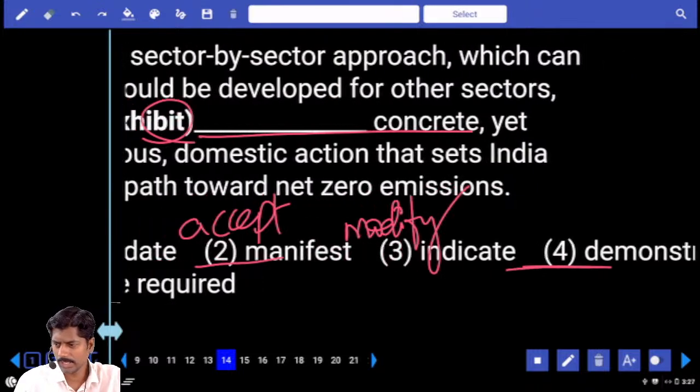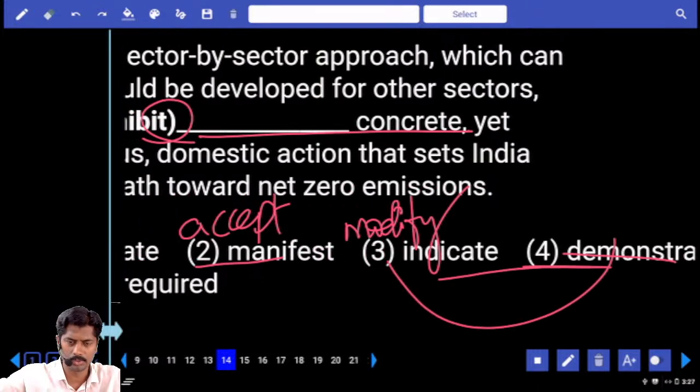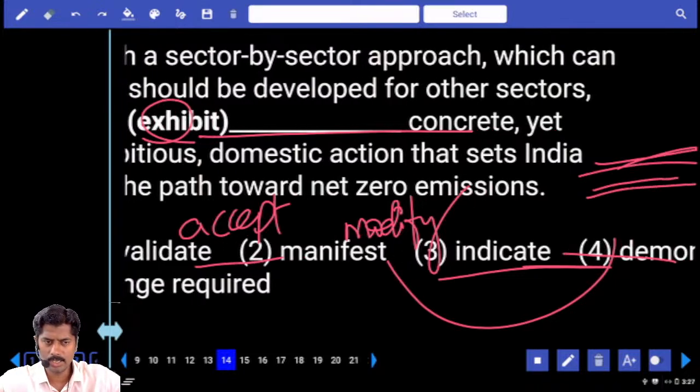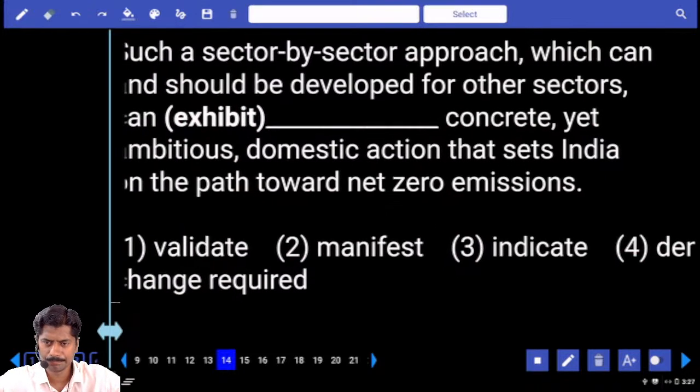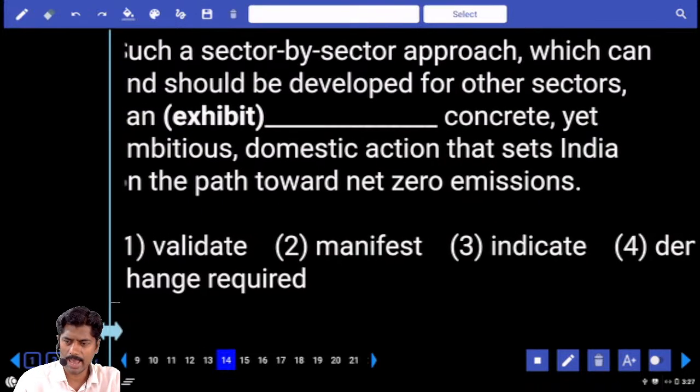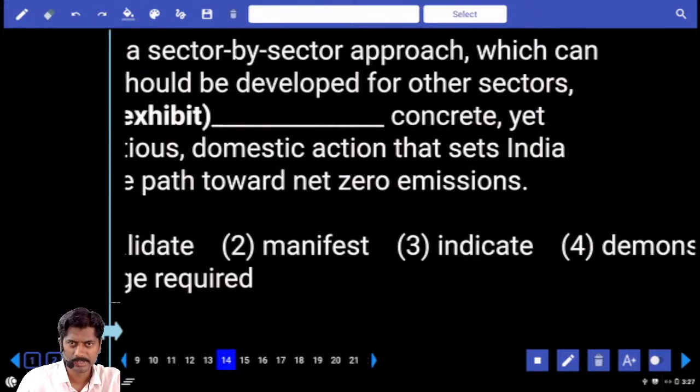Exhibit, indicate, okay. Exhibit, demonstrate, okay. Answer 3 or 4. So what shall we take? A sector by sector approach developed for other sectors can indicate the action, can demonstrate action.